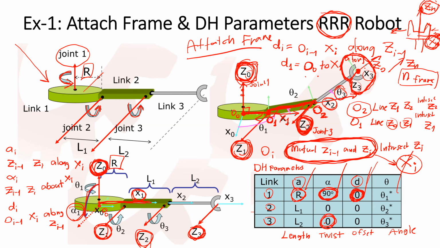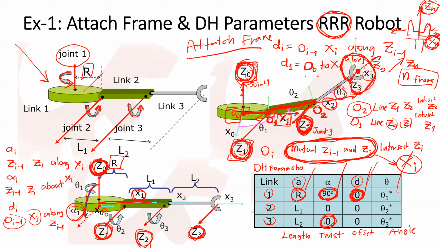if we put O0 at the same level as the joint axis z1, at the same level with x1, when we measure along the z0 axis, we can get zero offset.